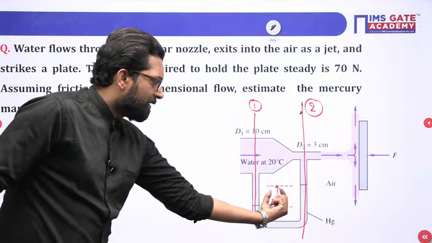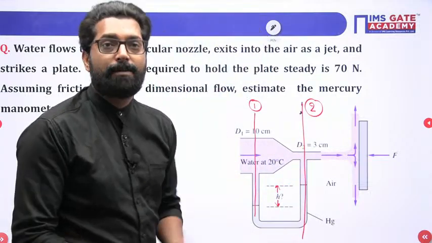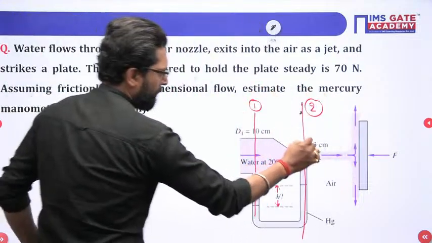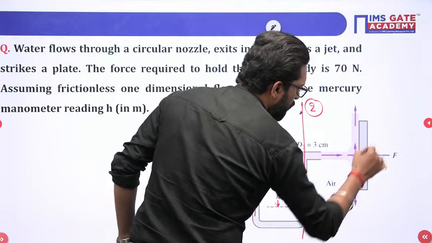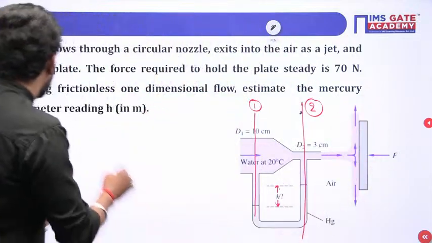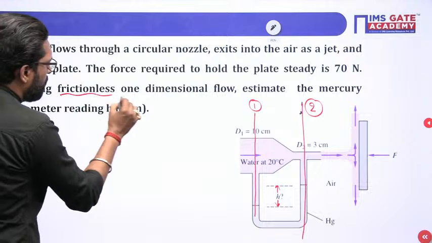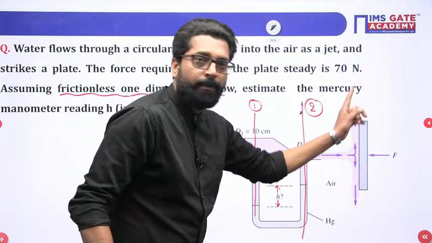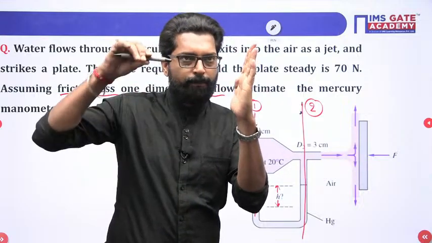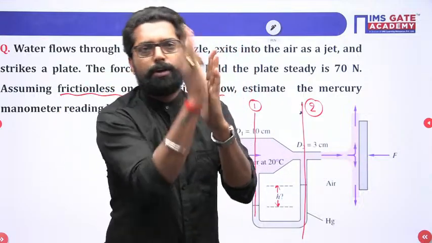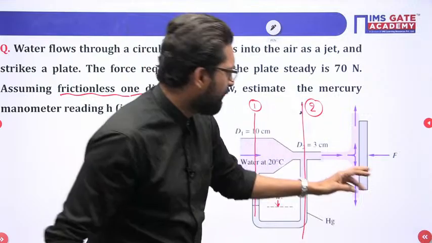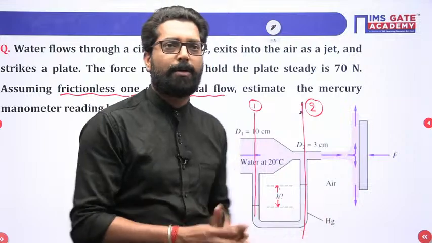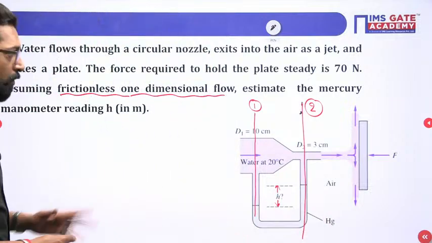You have to find the H level, the mercury level. After the fluid strikes the plate, assume frictionless and one-dimensional flow. The fluid will glide over the plate, and during the gliding there is no resistance, so you cannot bother about the resistance.